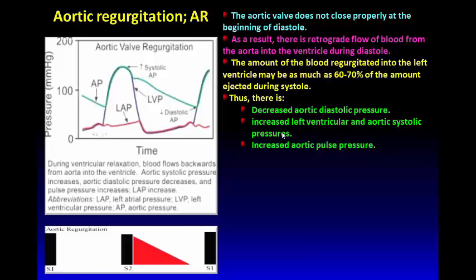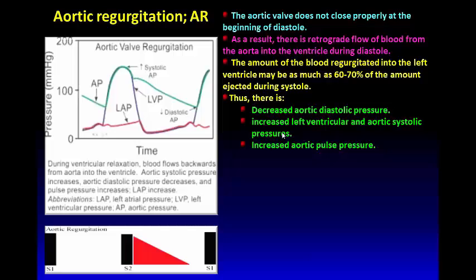When there is aortic valvular incompetency, blood regurgitates from the aorta into the left ventricle during diastole, and during diastole the left ventricle is also receiving blood from the left atrium. So the regurgitant blood from the aorta is added to the diastolic filling volume of the left ventricle from the left atrium.